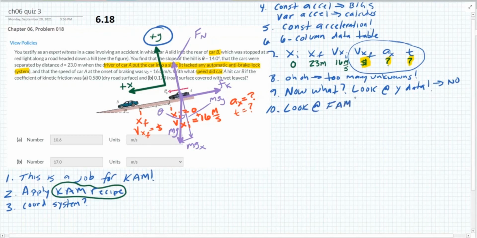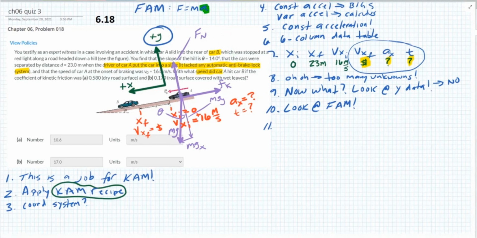Look at FAM. I know FAM is all about cranking out F equals ma equations over and over again. And there's a: acceleration is sitting right there in Newton's second law. So that's the path I'm going to go down.